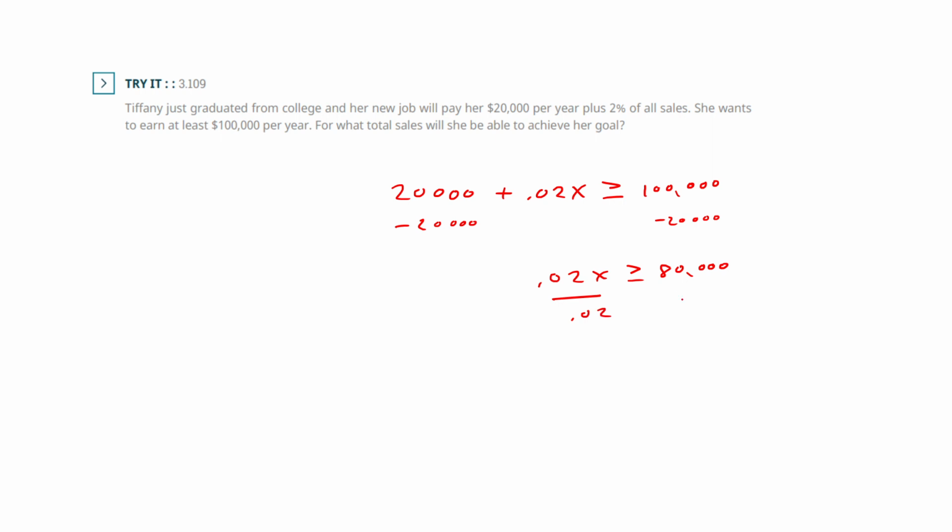Divide both sides by 0.02. Oops, sorry. So in sales, she'd have to sell a lot. Yikes. $4 million? Okay.